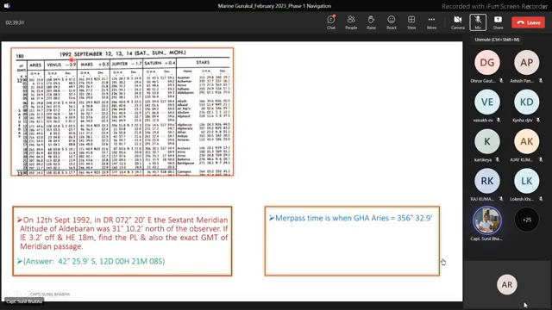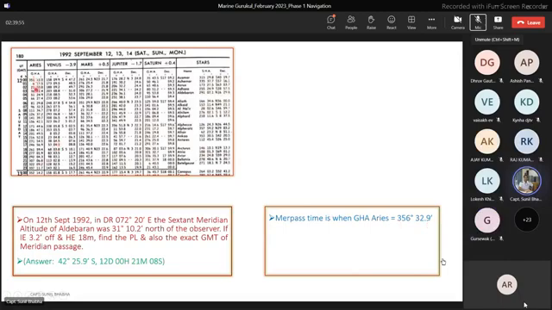And if you have a look at the Aries column, the first column which we see, it lists the GHA of Aries. Now, let's try to find out within which hours do we have this value of 356 degrees 32.9.